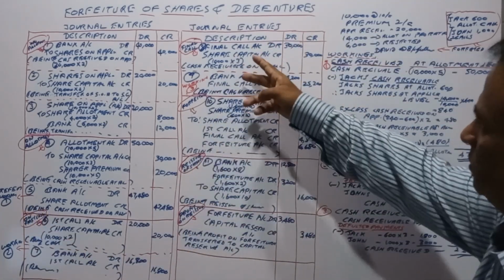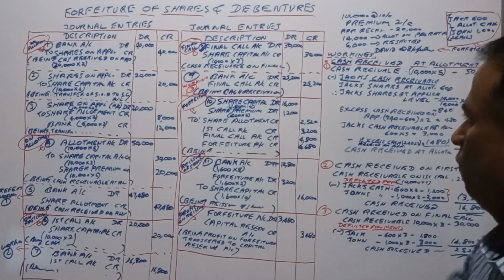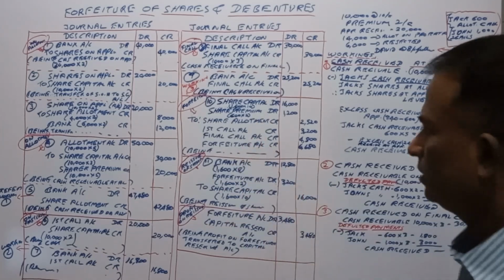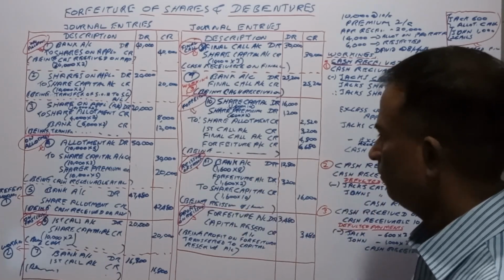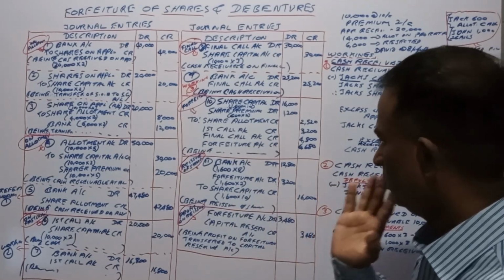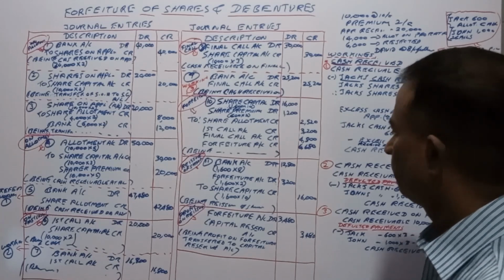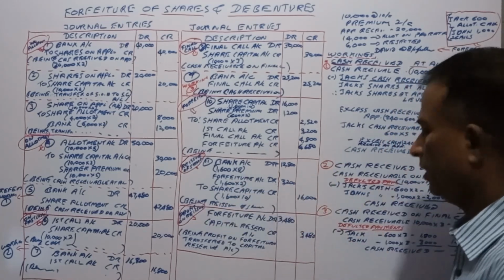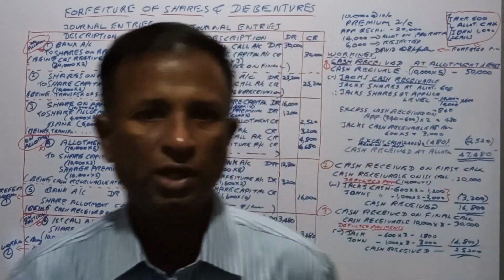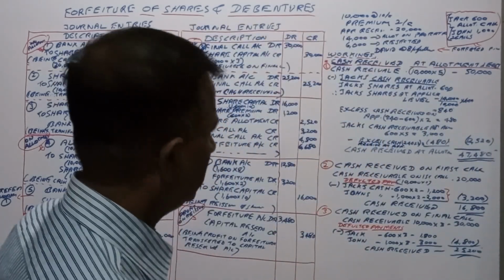On final call, 2 journal entries. For forfeiture, 1 journal entry. And reissue, 1 journal entry. Profit on forfeiture, 1 journal entry. Through journal entries you can learn, and by going through this question you can learn.